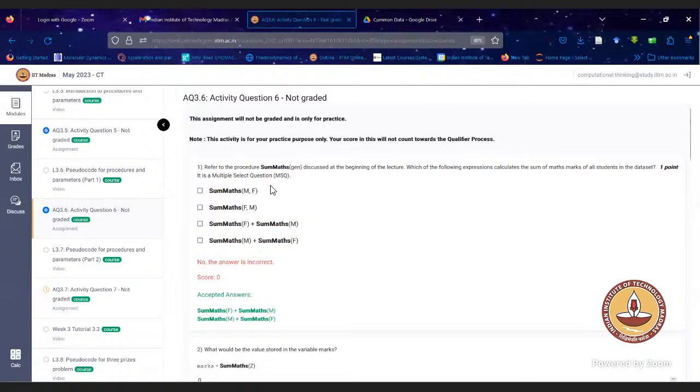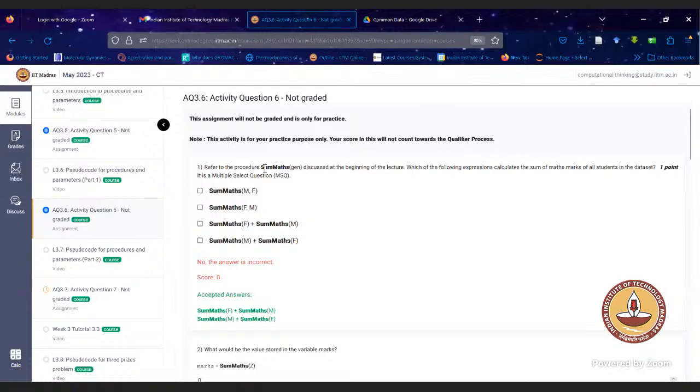No, see, the question, if you read it carefully, it says that this procedure has been discussed with you in the beginning of the lecture, right? So this information is already provided to you. Given this information, which of the following is true is what the question asks you. You can write your own procedure, a different procedure, to do a lot of different things.